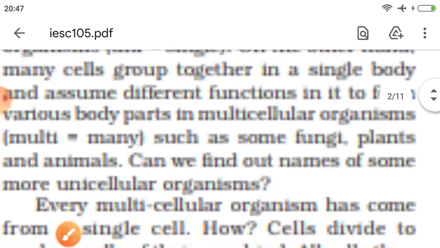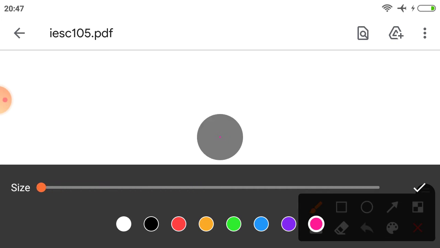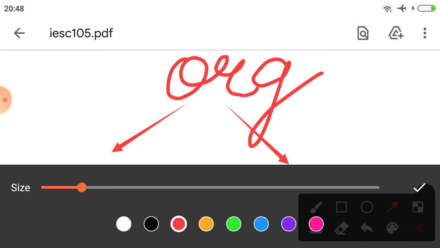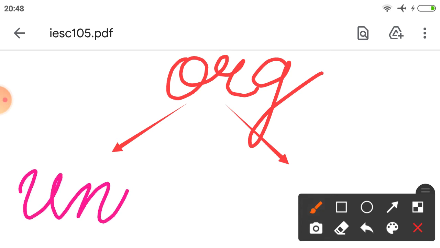So organisms are divided into two. First is unicellular, uni, and multi.